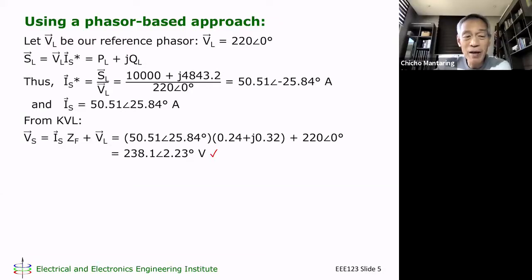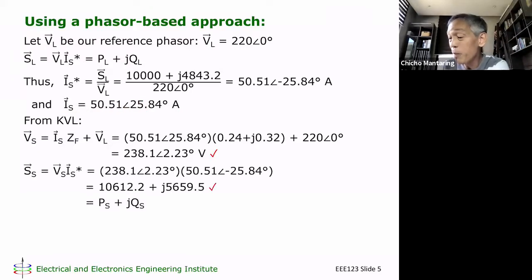Yeah, complex power, right? Because I now know the voltage at the source in phasor form, and I know the current through the source in phasor form, so I just apply complex power. So the complex power delivered by the source is V_S times I_S conjugate. So I'm going to get this.